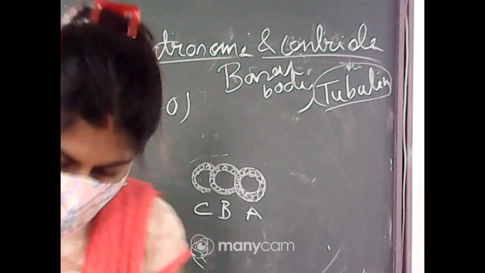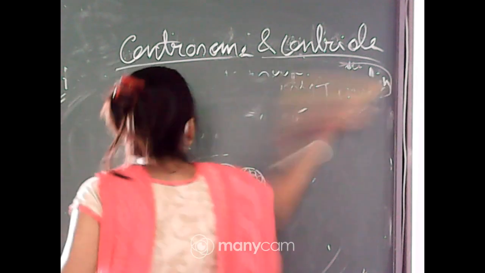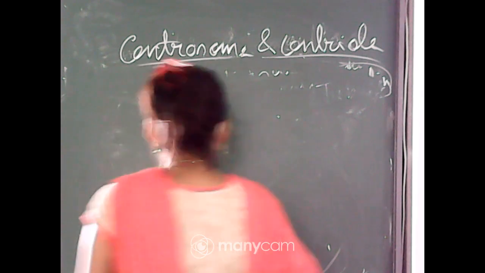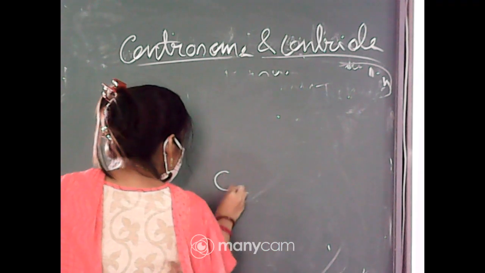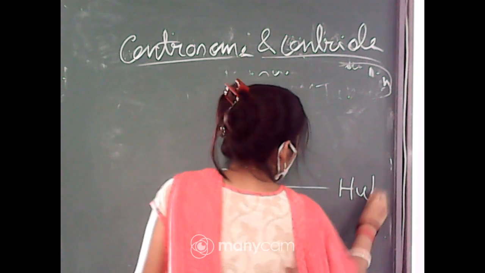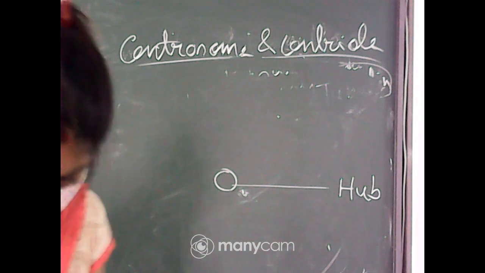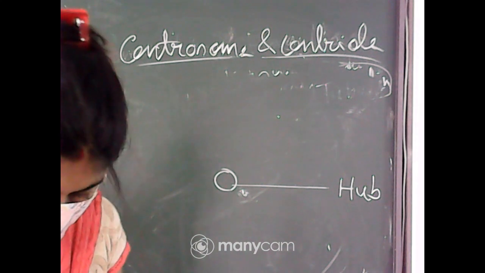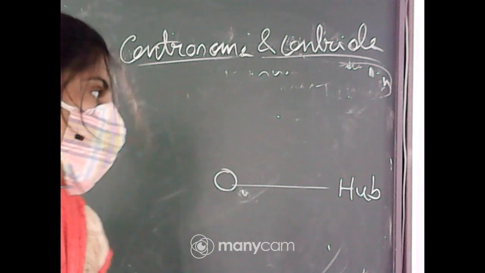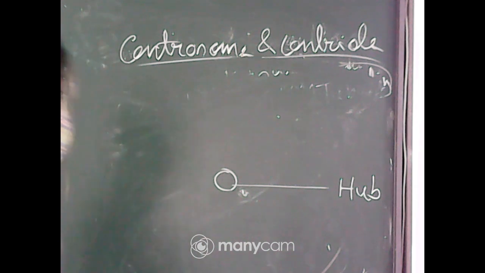So let me draw that one. These 9 peripheral triplet fibers are found around the imaginary central axis, which is called the hub. The hub does not have any fibrils or microtubules.